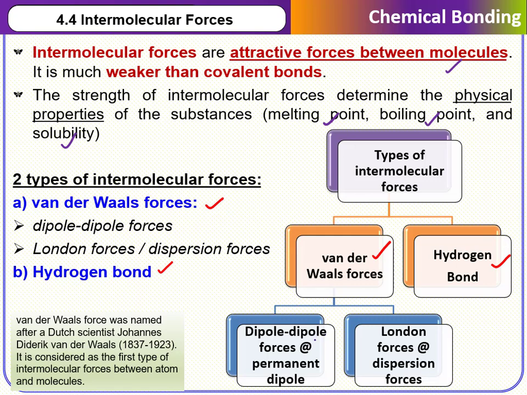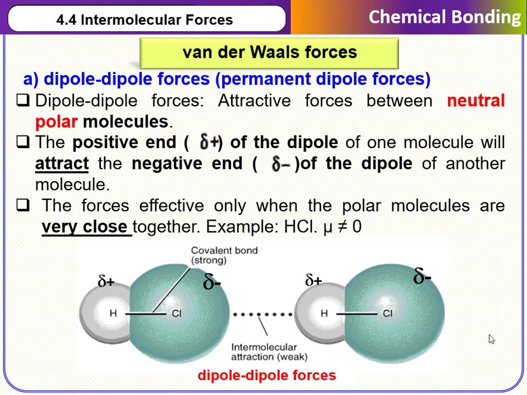Kita ada dipole-dipole forces, which exist between the polar molecules, while London dispersion forces exist between the non-polar molecules. It actually exists for both polar and non-polar. But for polar molecules, we will highlight the dipole-dipole forces.